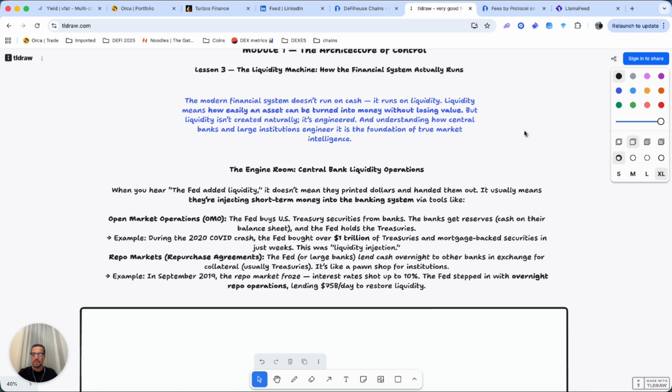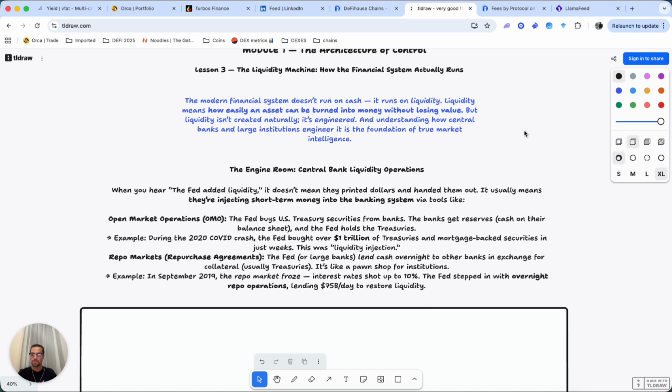It usually means they are injecting short-term money into the banking systems using tools like OMO, open market operations. The Fed buys US Treasury securities from the banks. The banks get the reserves, cash on their balance sheet, and the Fed then holds the treasuries.